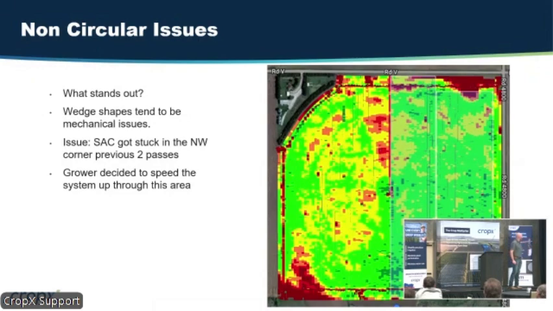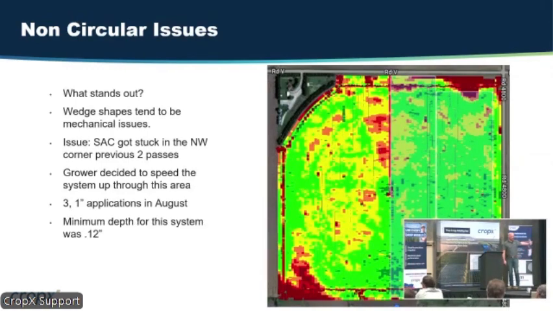The grower decided to speed up the system through this area for the last 3 passes of the year in August on corn. He made 3 one-inch applications going through here. I went back through and looked at his stuff. His minimum depth for this system was 0.12 inches. So when he should have been, he put 3 inches of water across the rest of the field.